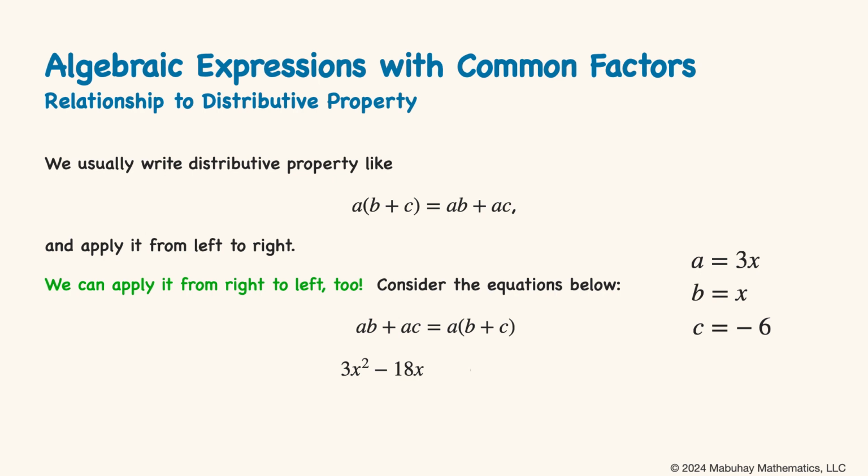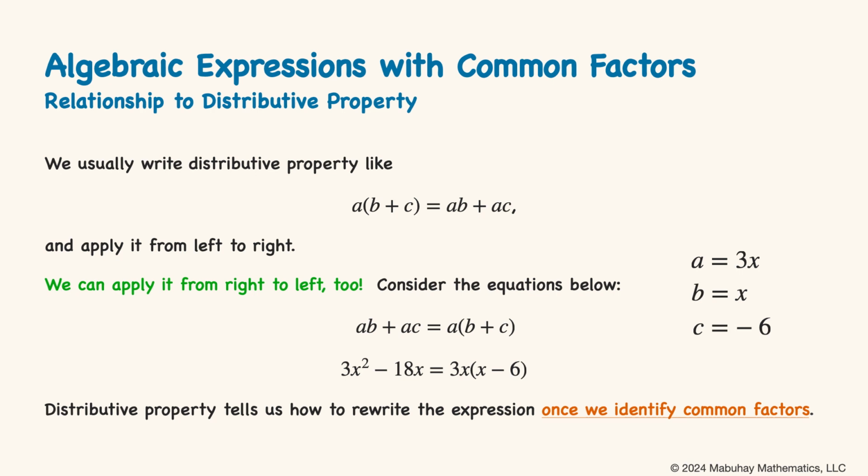On the other side, we have A isolated outside of the parentheses. A is 3x, and inside the parentheses we have B plus C, which in this case becomes x minus 6. Having these pieces identified, the distributive property tells us exactly how to rewrite our original expression in factored form.